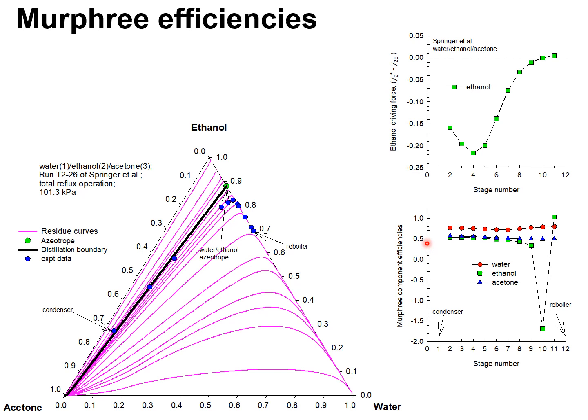So a short answer to the question posed at the beginning of this presentation: yes, Murphree efficiencies can be negative and distillation boundaries can be crossed.